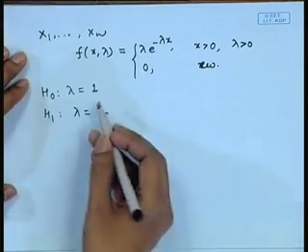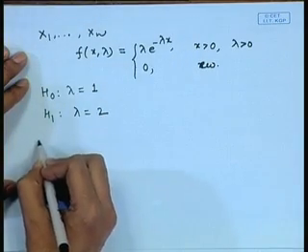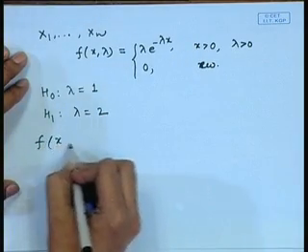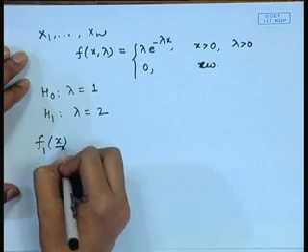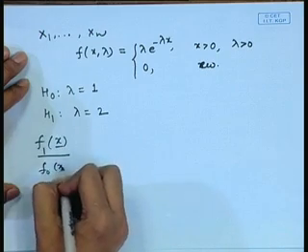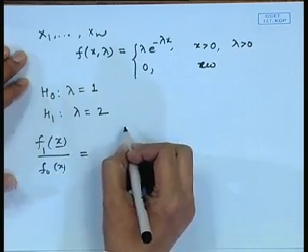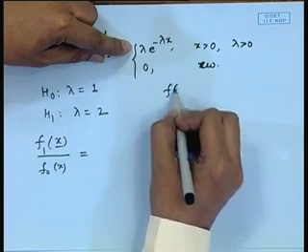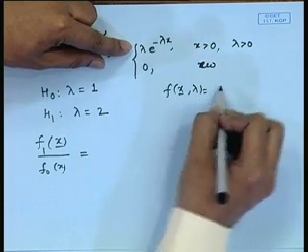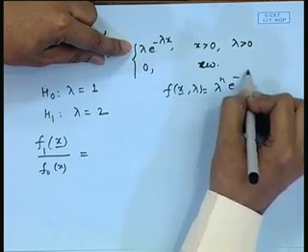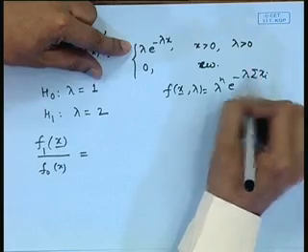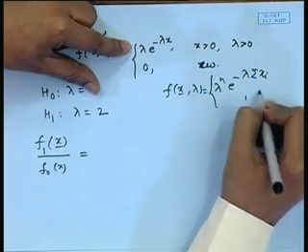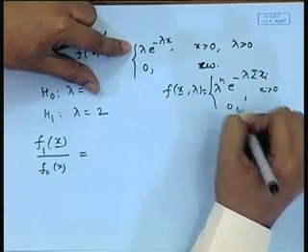So, in this particular case, for example, let us write down the joint distribution. So, f1 x by f naught x. So, here the joint distribution f x lambda becomes lambda to the power n e to the power minus lambda sigma xi, when all the xi's are positive, it is 0 elsewhere.